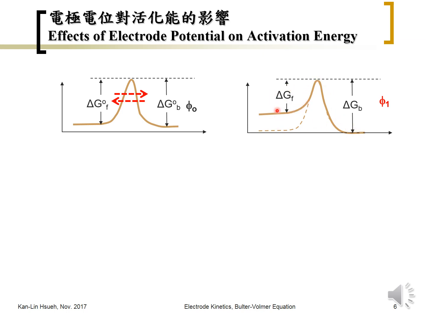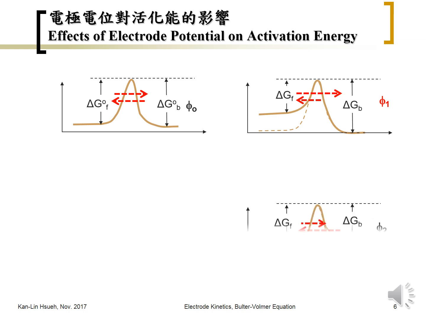The delta GF is reduced, and delta GB may be increased. So in this case, it will favor the forward reaction and not favor the backward reaction. So the forward reaction will be greater than the backward reaction. The net reaction will be the oxidation, the forward reaction.